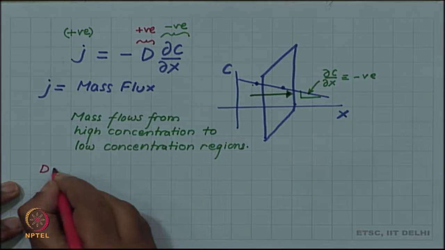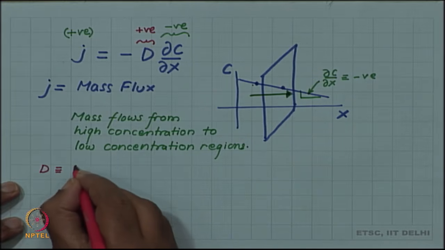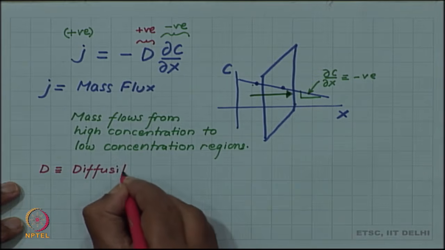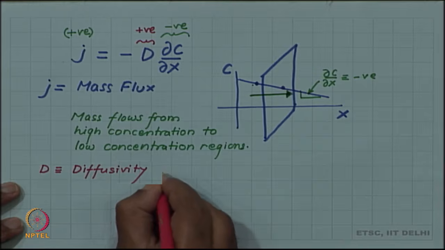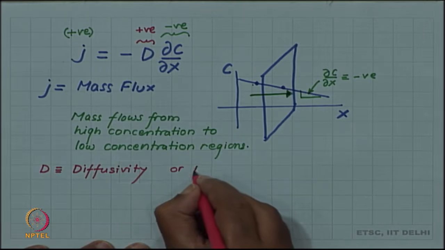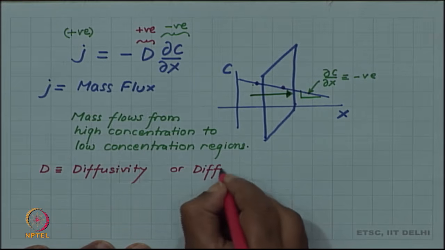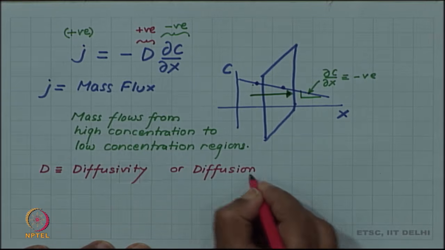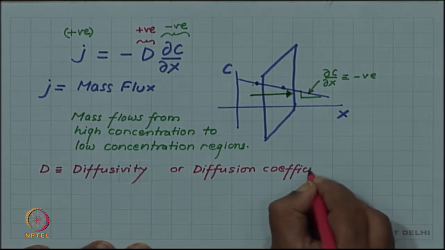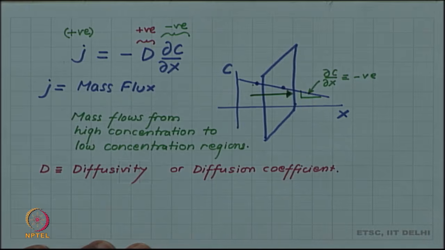So, D is diffusivity, or diffusion coefficient.